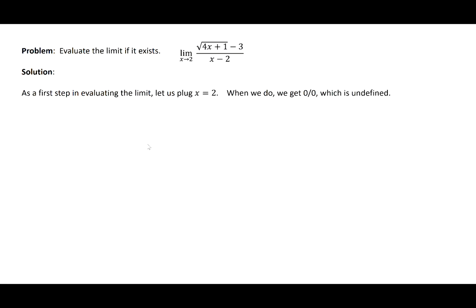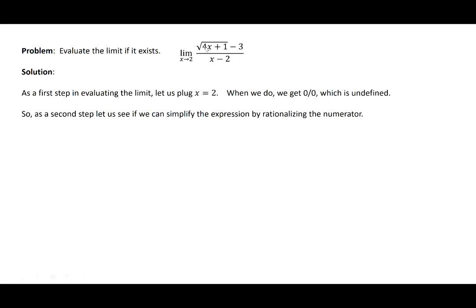When you have 0 over 0, you should see if you can simplify this in some way. How do you simplify that? Check this out. Can we simplify by rationalizing the numerator?